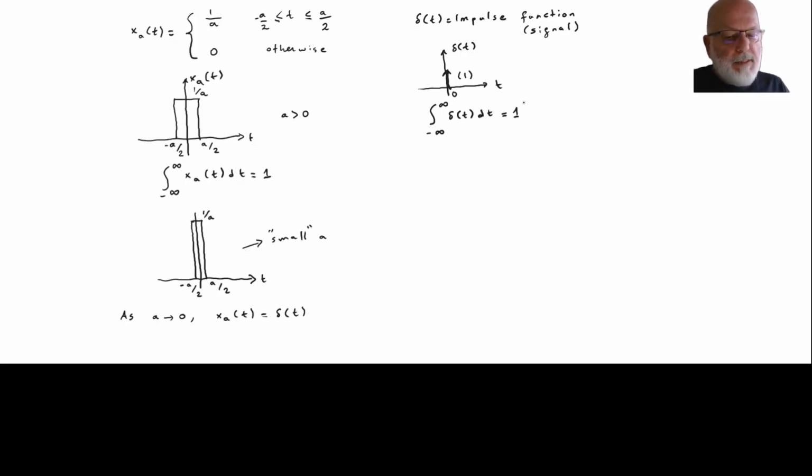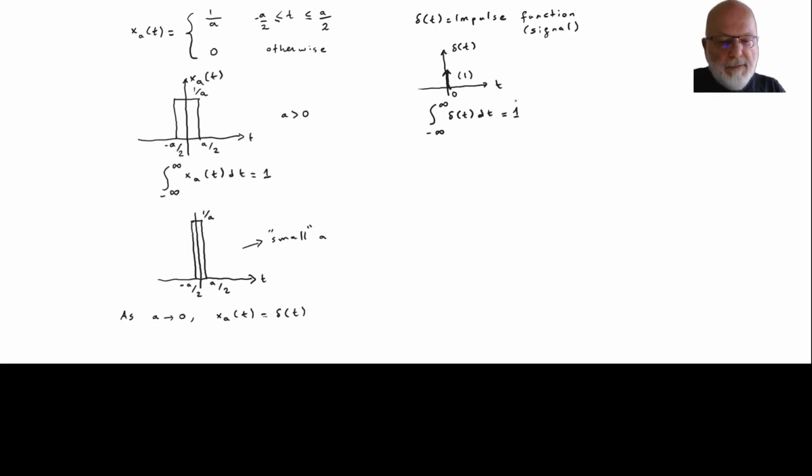Okay, so this is how we introduce the impulse signal or impulse function. Sometimes it is called the unit impulse function or unit impulse signal because this integral is equal to unity.